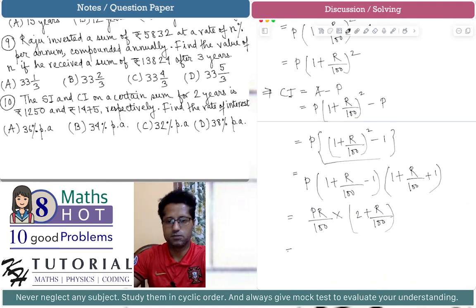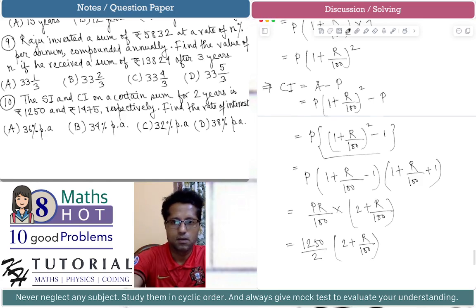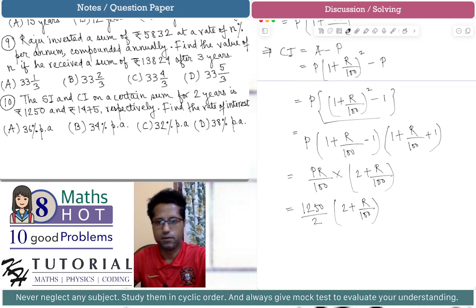So this becomes 1250 by 2, and we have 2 plus R by 100. So this is the compound interest, which is given to be equal to 1475.